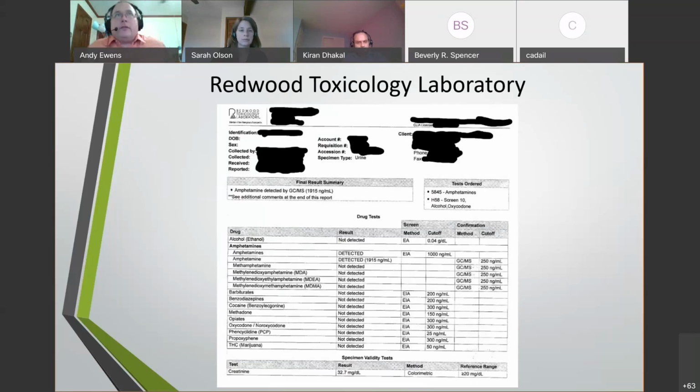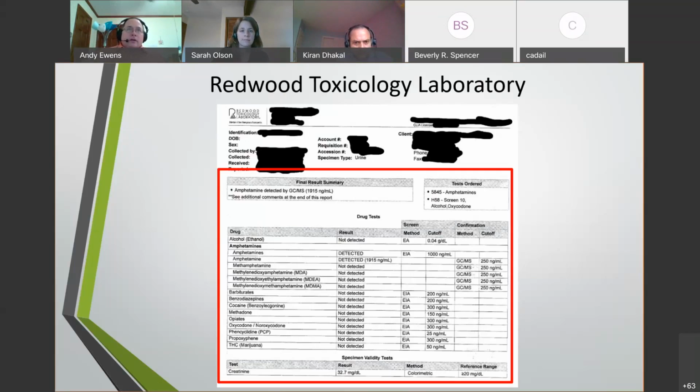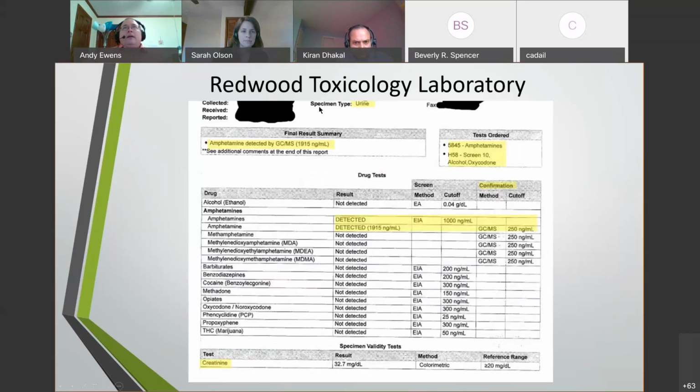Redwood Toxicology Labs. I believe they're in California. So we don't see that a lot in North Carolina, but I have seen some cases that use Redwood. So they have a nice table. Here the specimen is urine. For the tests that were ordered here, like NMS Labs, they're showing you the test code.